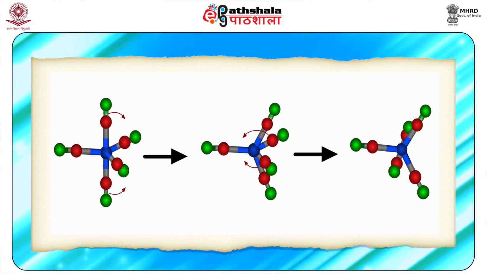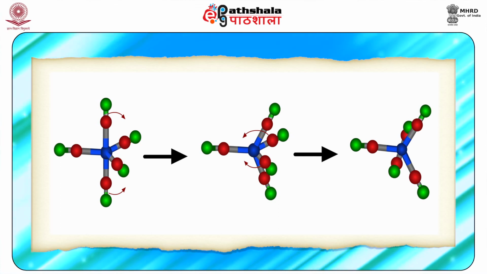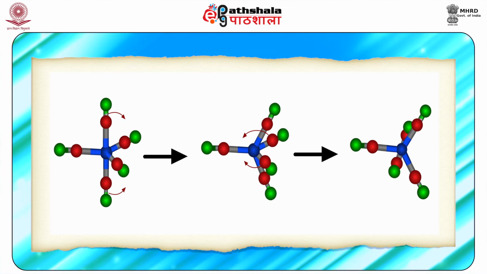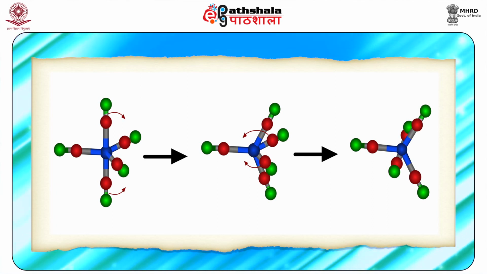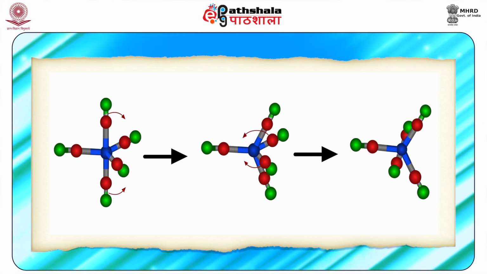It has been reported that the Berry pseudo-rotation mechanism is a type of vibration causing molecules of certain geometries to isomerize by exchanging the two axial ligands for two of the equatorial ones.